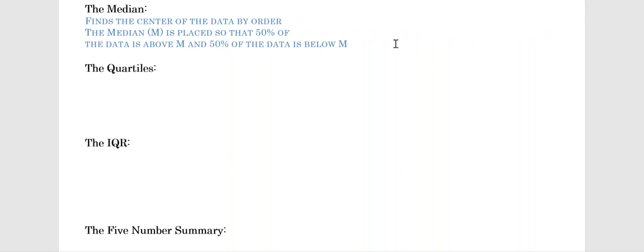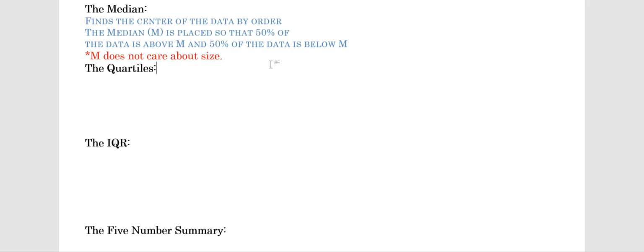The one thing you want to notice about this is that the median does not care about size, unlike the mean. The mean only really cares about size. Picture a data set that has only 6 values in it, and 3 of them are 0 and 3 of them are 100.